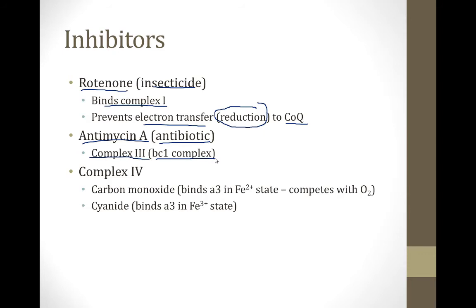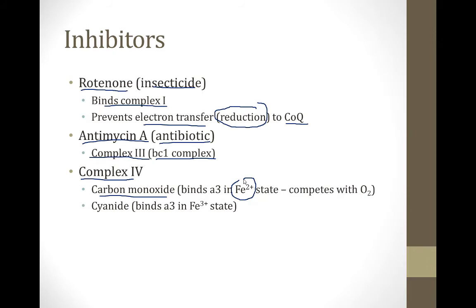And finally, there are two important substances that can bind to complex 4. Remember that complex 4 transfers electrons to oxygen, and it contains iron in both the 2+ and 3+ state. Carbon monoxide likes to bind to iron in the 2+ state. And remember, that's the state that iron is found in hemoglobin. So the main problem from carbon monoxide poisoning is that it binds to iron in hemoglobin and prevents oxygen uptake by red cells.